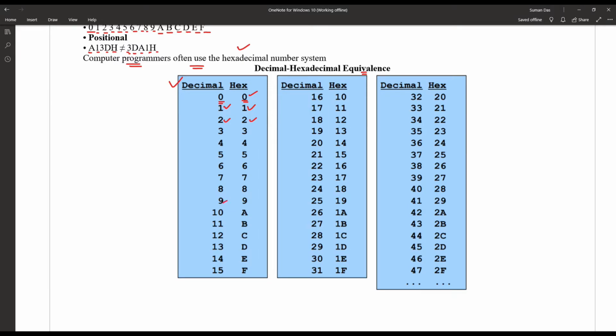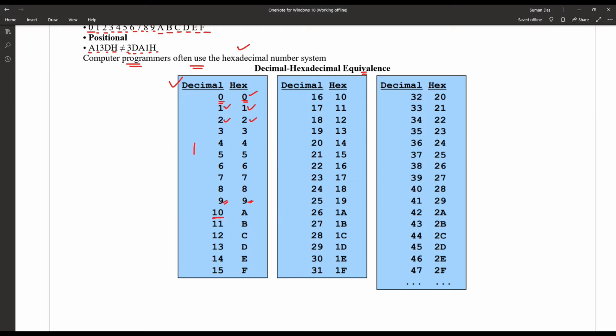And up to 9 the hexadecimal equivalent is the same. That means from 0 to 9, it is the same for decimal and hexadecimal. From 10 it changes.